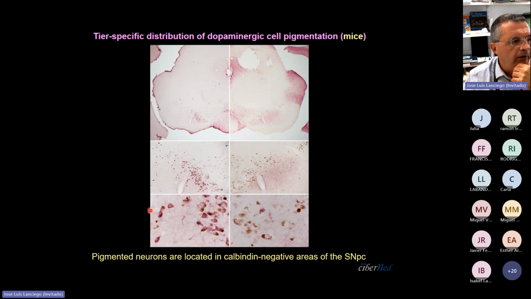But if you go to higher magnification, the message here is quite clear. These neurons that are positive for aldehyde dehydrogenase, so these neurons that are located in the ventral tier, are the ones that are more heavily pigmented. On the other side, neurons that are calbindin positive have a minimal level of pigmentation, if any. You can see that most of these pigmented cells are located in calbindin-free areas.